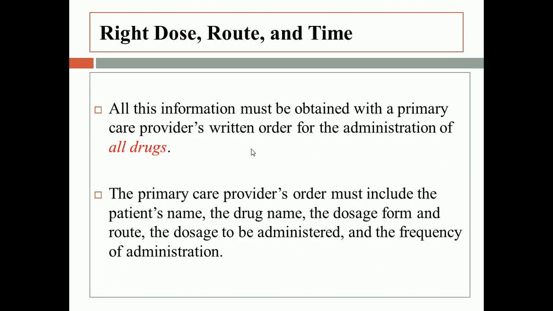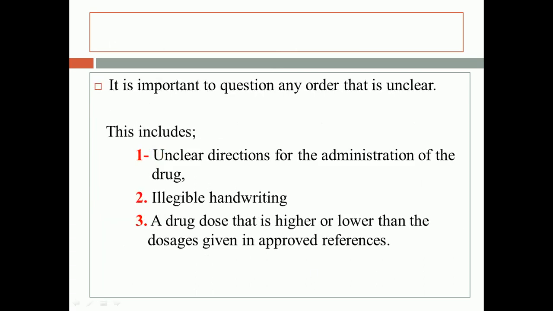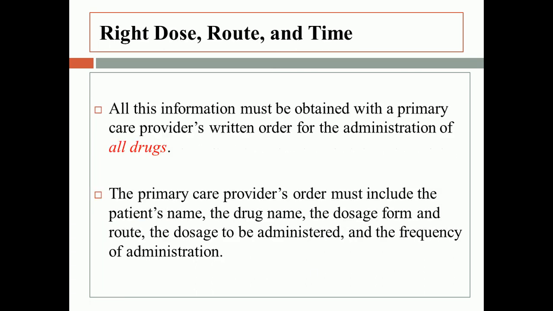So write dose, route and time. All this information must be obtained with the primary care provider's written order for the administration of all drugs. What is the right dose? What is the route? What is the time? Dose and time will define the frequency. What is the dosage form?